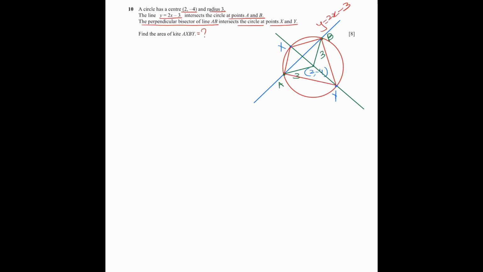So the kite is, you can see, if I'm showing you A to X to B to Y and back to X. So this highlighted in blue is the kite. Now to find the area of the kite, we will use the formula for the area of the kite. Area equals 1 by 2 times d1 times d2.